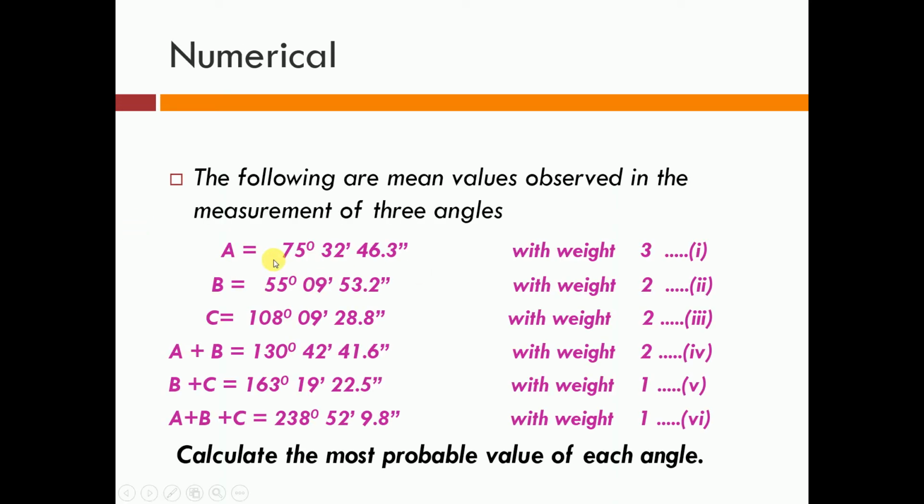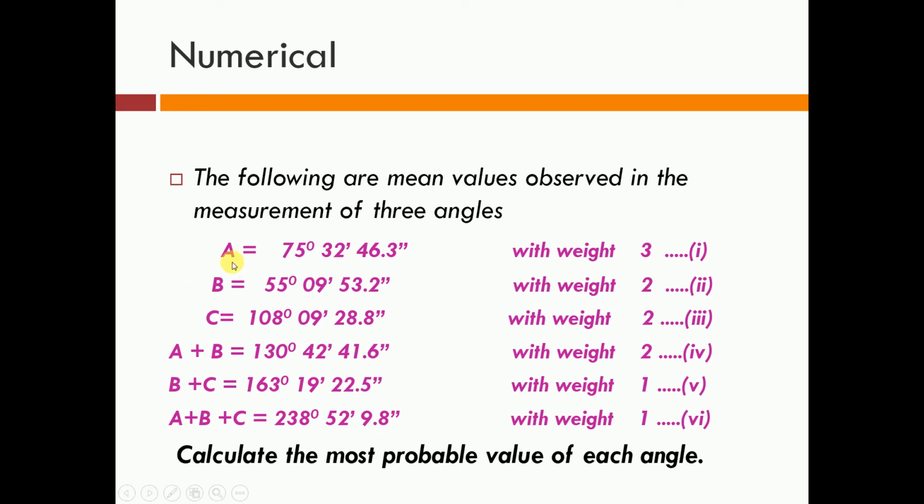Angle A is equal to 75 degrees, 32 minutes, 46.3 seconds plus K1. Then B is equal to 55 degrees, 9 minutes, 53.2 seconds plus K2. Likewise, you have to introduce K1, K2, K3.